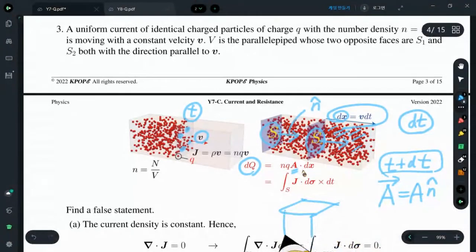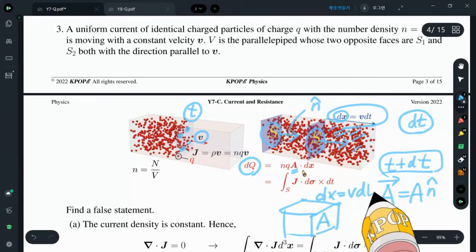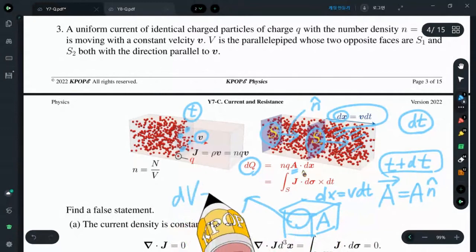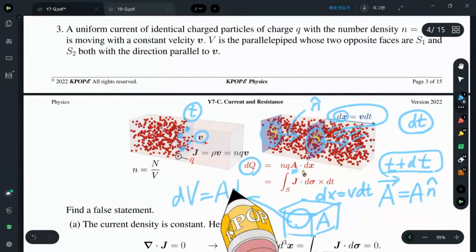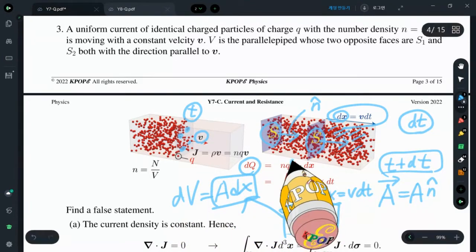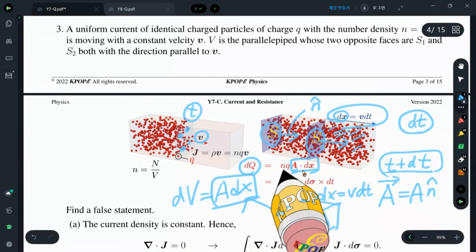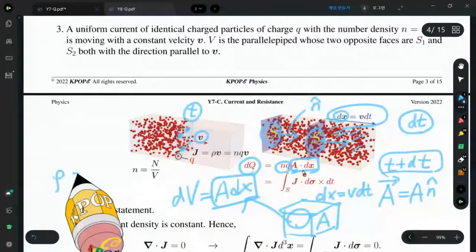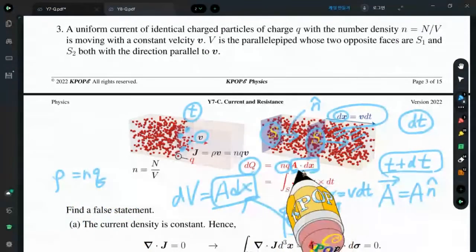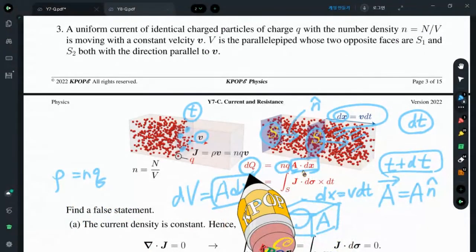Then you will find cross-sectional area A, and this is the dx, that is v dt, and this volume is dV, the volume element. So volume element multiplied by density rho, which is nq. So density times the volume, that is the charge.